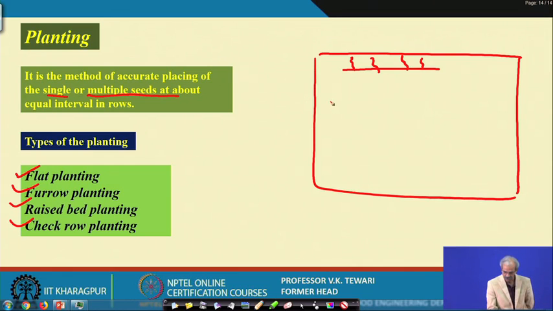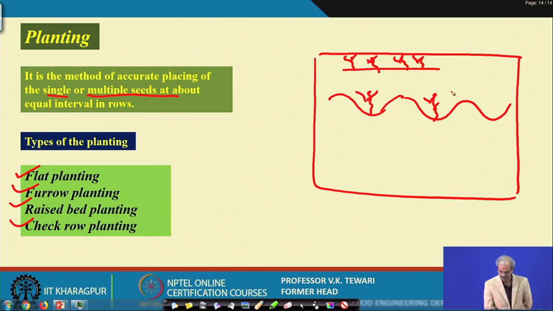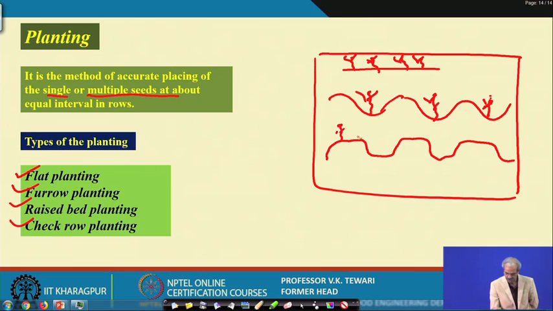Furrow, you can have these, so maybe plants are into this. This is the furrow. Raised bed, well, you can have it like this, with plants here, maybe one or two.